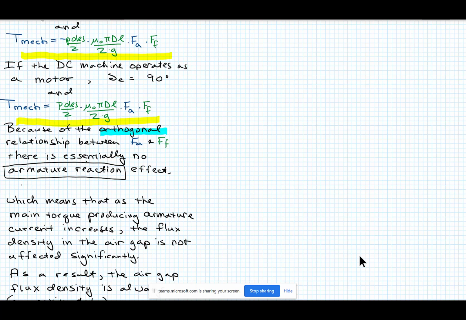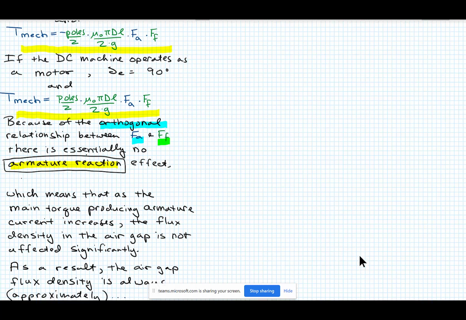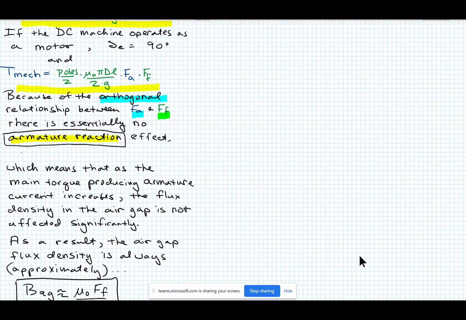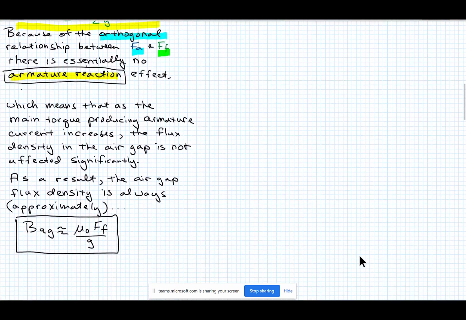Because of that relationship, which is maintained by the mechanical structure of the DC machine, the FA and the FF are really decoupled from each other, which means that there's nothing of what we call the armature reaction effect. As you draw more armature current, you're not going to affect the air gap flux. And so what it really means is this.